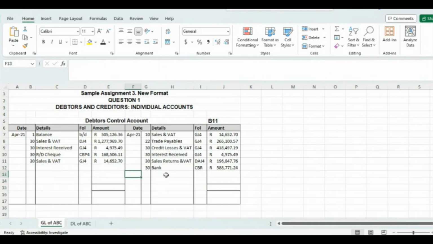Then we go and we look like we do with all general ledger accounts. We go and we say what side looks like it is the most, and clearly this is the most. So we go and we total that. Okay, and that is just the total. We take that same total that we have on the debit side and we put it on the credit side. And then, of course, we now have to find the balancing amount here. And that balancing amount that we carry down is the difference between the 1971 and all of these.